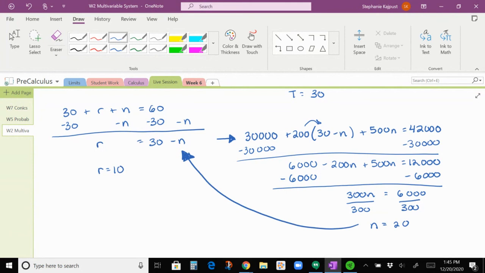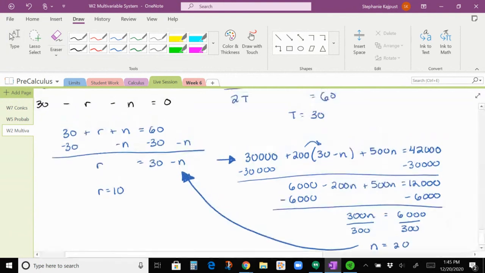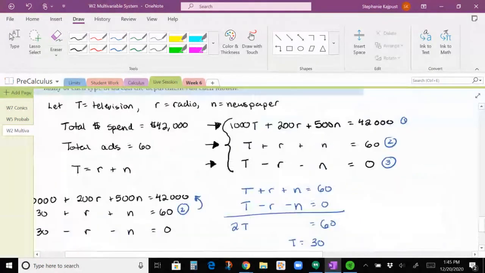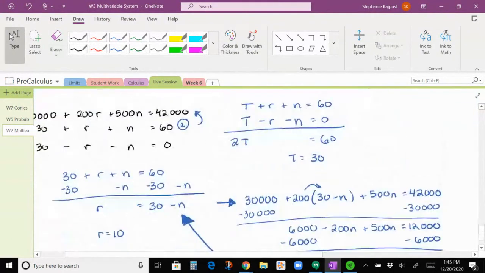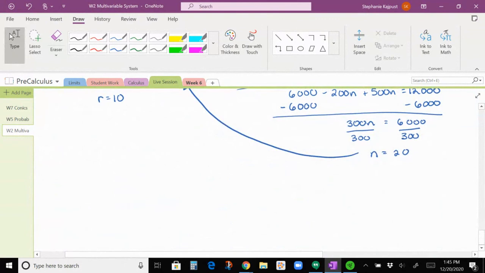So we've solved this. Now, because this is a word problem, you don't want to just do the math here and then leave it at that, because you want to make sure it's very clear what you're communicating and that you're communicating the answer to the question. So the question asks, how many of each type of ad can the department run each month? So you should be answering this in a sentence to make it very clear.